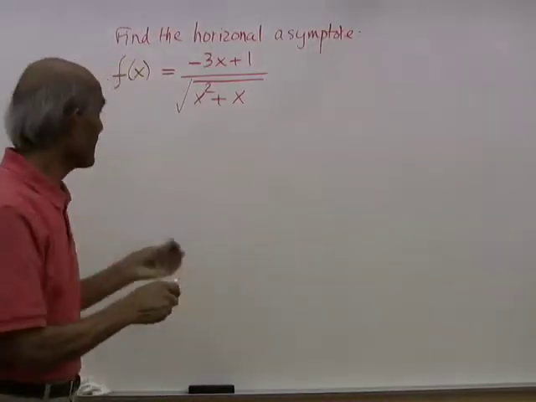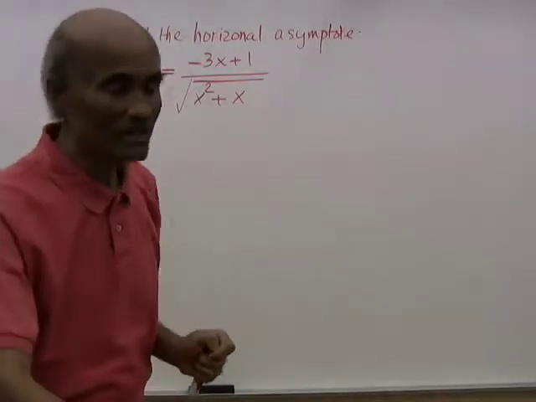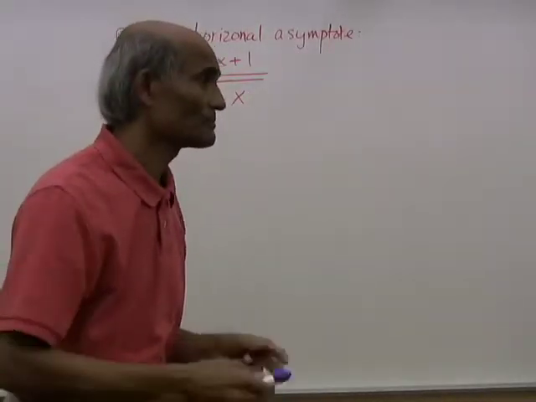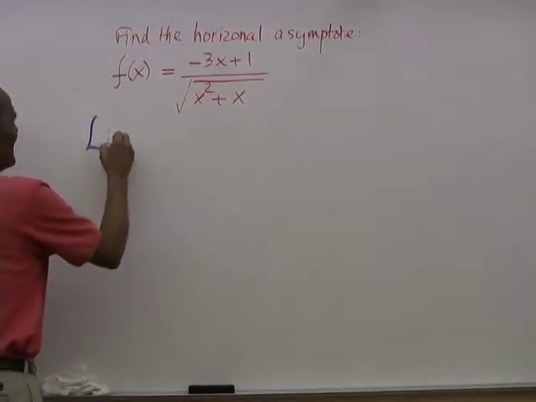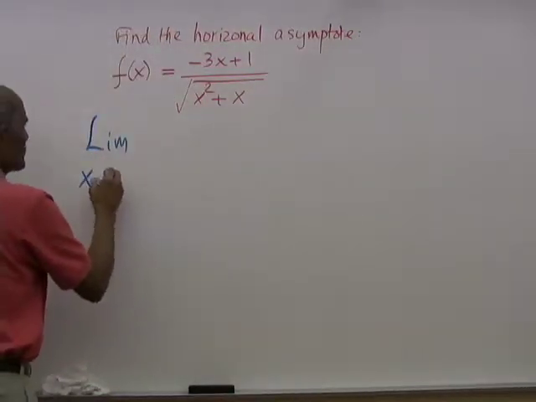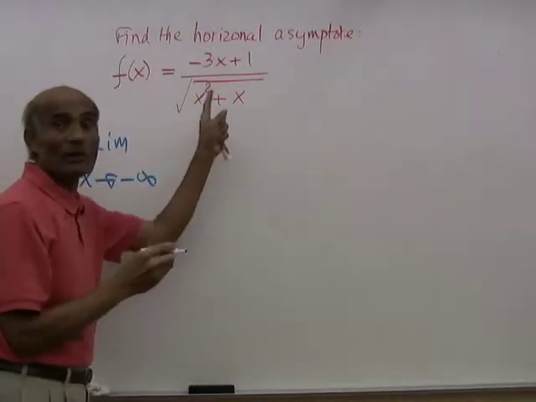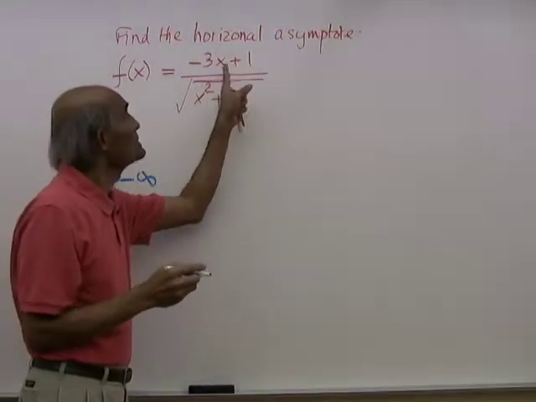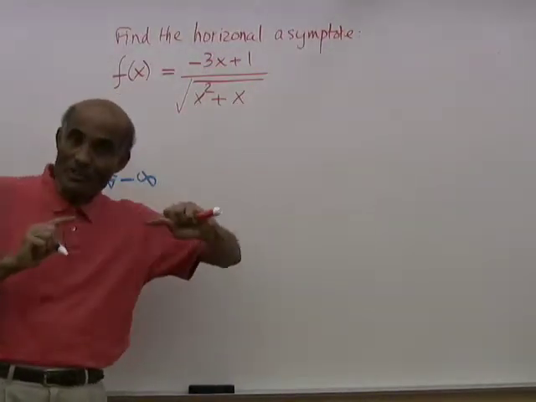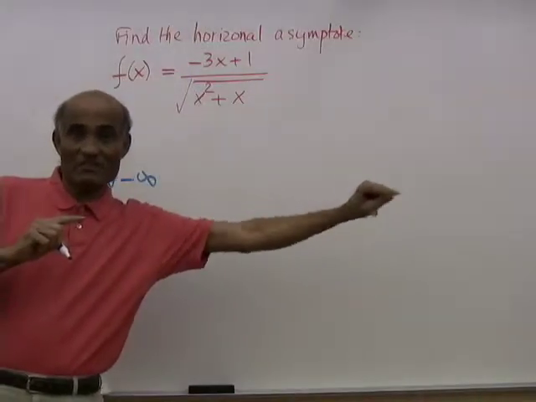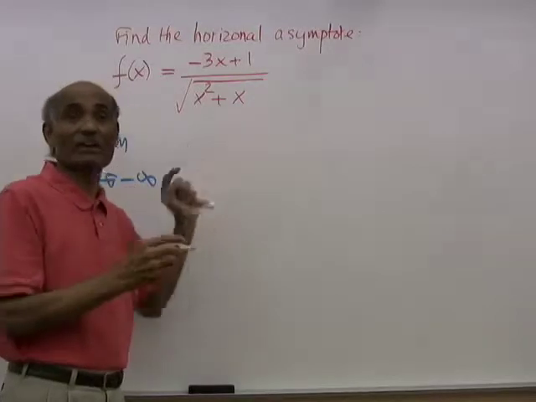So in order to find the behavior when x goes to negative infinity, let's try this. Limit x goes to negative infinity of this. What we're going to do is divide each term by negative x, because x is negative as x goes to negative infinity.